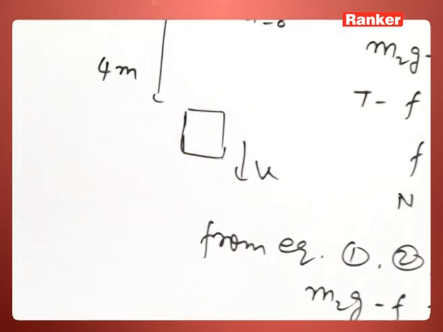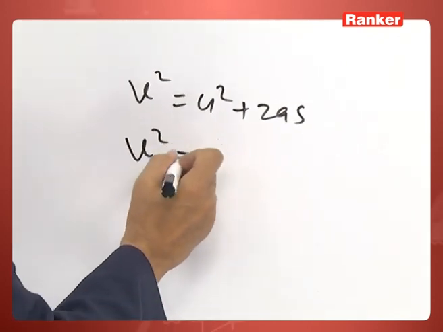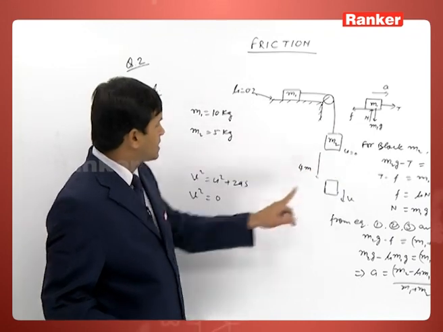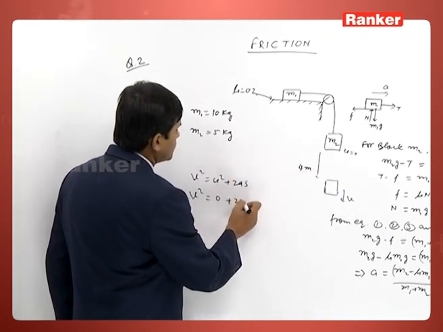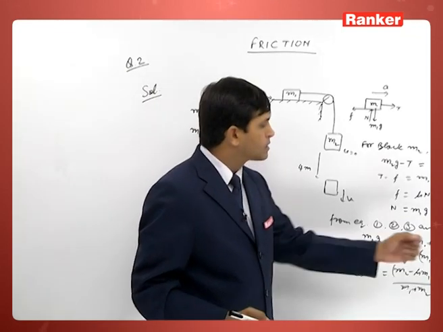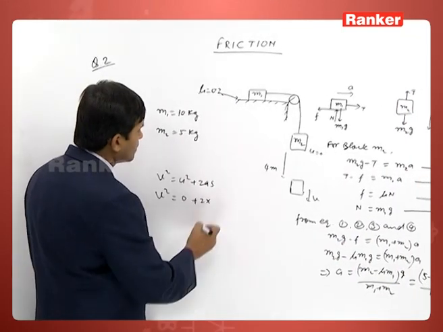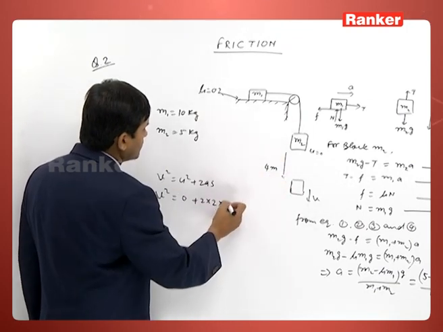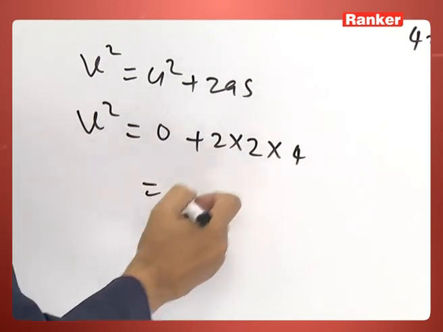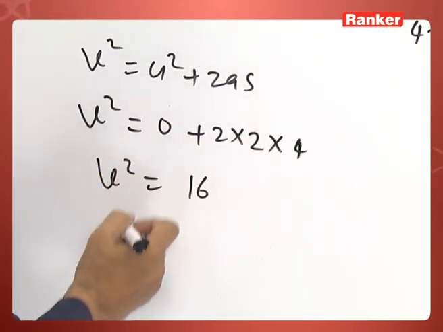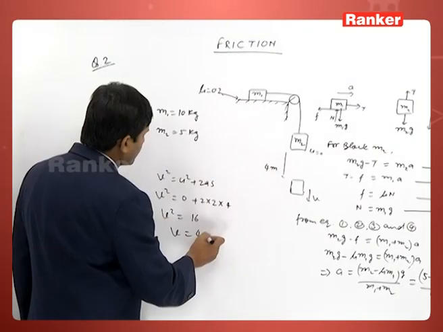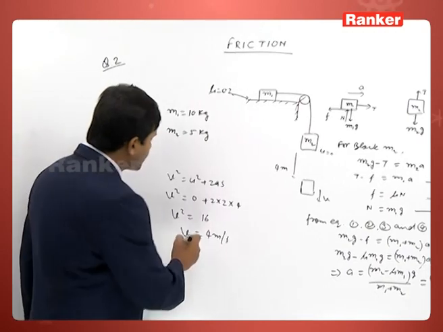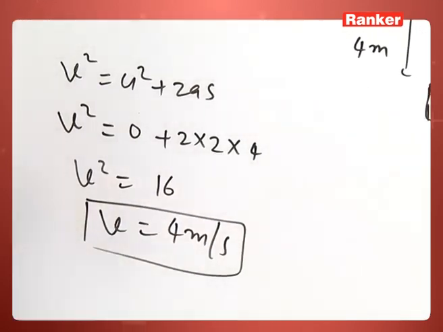We have to find v, u square means initial velocity which is 0 here, plus 2 and the a value is 2 meter per second square which we have calculated, and s is from here to here, that is 4. So, v square is 16, so v is equal to 4 meter per second. So, this is the answer we got.